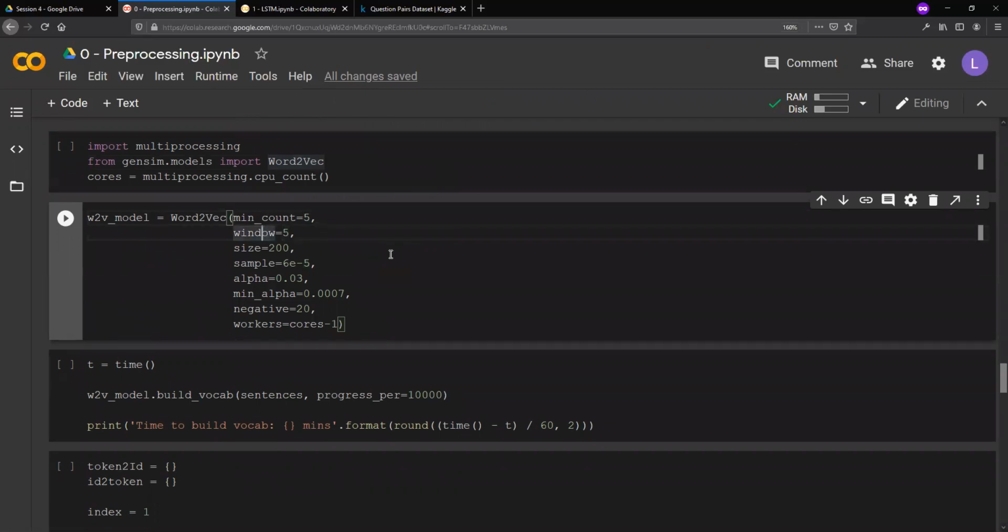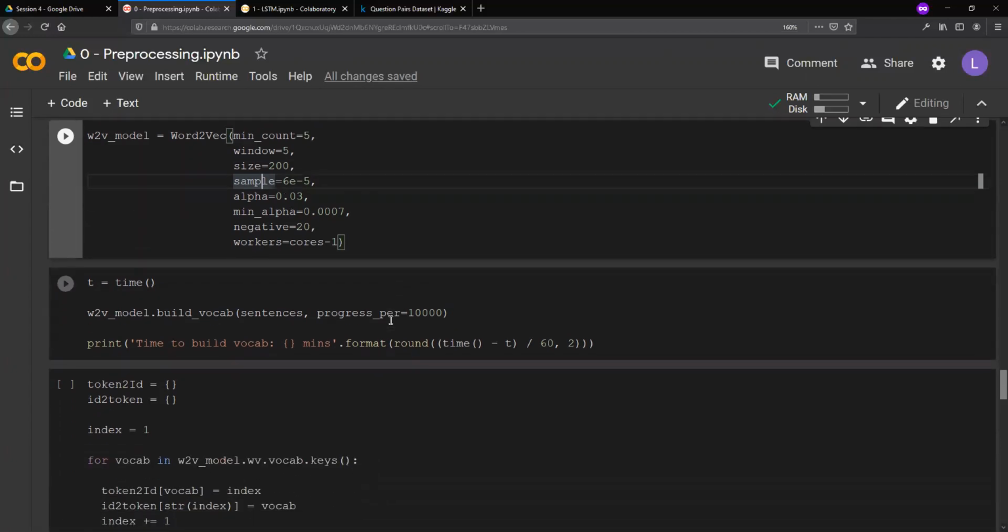Our window size for our word2vec is 5. We're trying to generate a word embedding of a dimension size of 200. We specify our sampling rate, our alpha, as well as minimum alpha, and the number of workers we're going to use for the course.